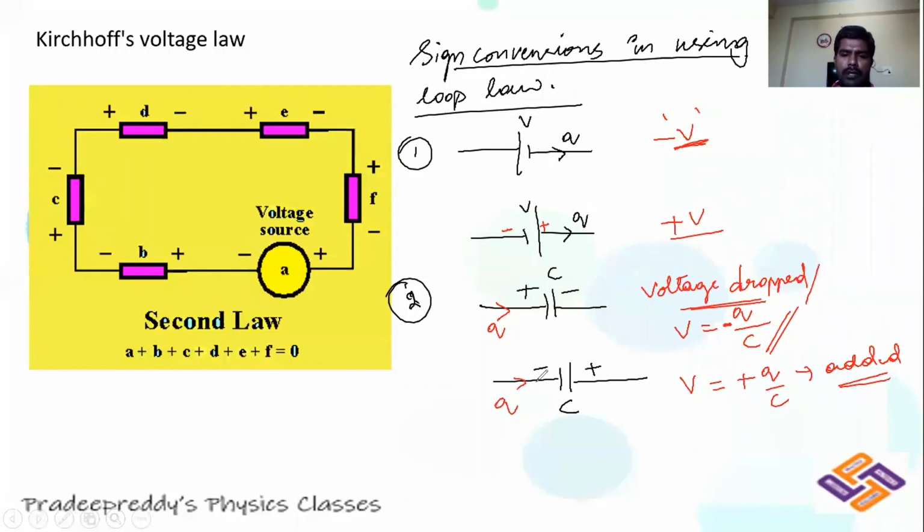Similarly, when going from the negative plate to the positive plate, if the path is this way, then you need to take it as plus Q by C. It means that voltage is added there. These are simple sign conventions we will be using in order to apply the loop law in solving problems.